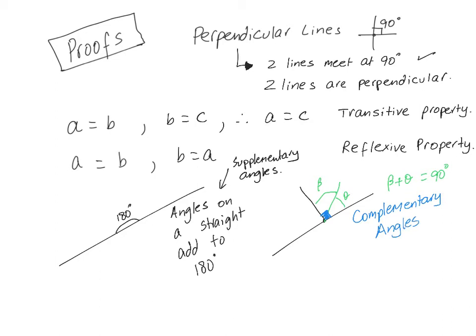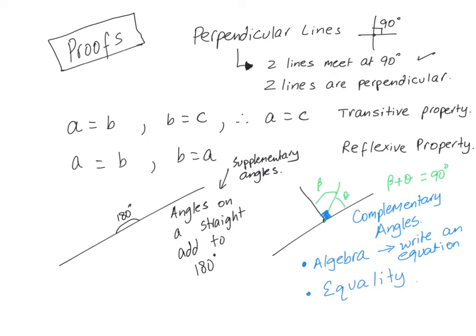What else do we know? How else do we find angles? We use algebra, right? Where we write an equation. And then we have equality, where we say something's equal to another thing.